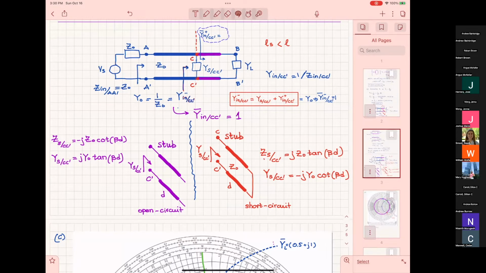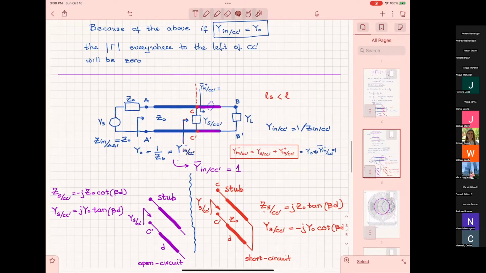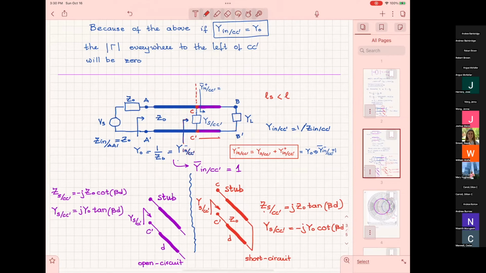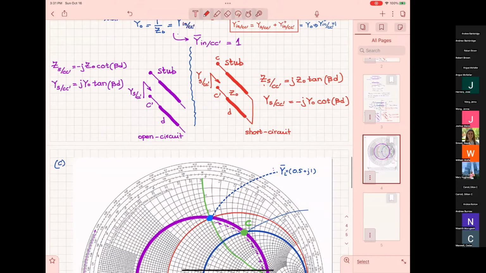L sub S changes the impedance you see on this purple transmission line, if you are right next to C C prime. That's what L sub S changes. All right, this is L sub S. And what about it is it changing? Like what within the formula for Y in at C? You don't see the formula, it shows here.